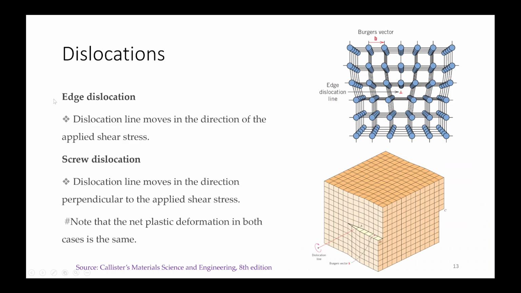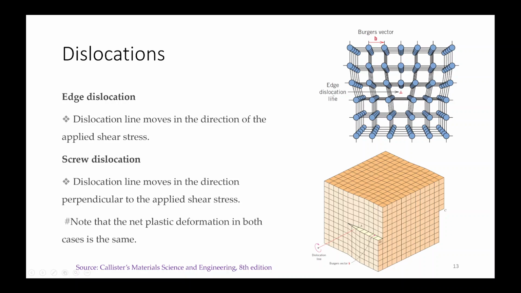Now there are two types of dislocations. First is edge dislocation and second is screw dislocation. There can also be mixed dislocation, which shows both characters. In the case of edge dislocation, the dislocation line moves in the direction of the applied shear stress, and in the case of screw dislocation, the dislocation line moves in the direction perpendicular to the applied shear stress.